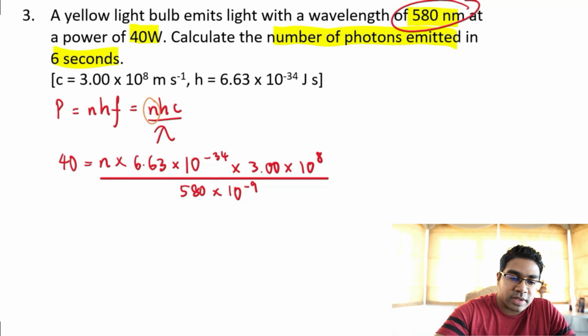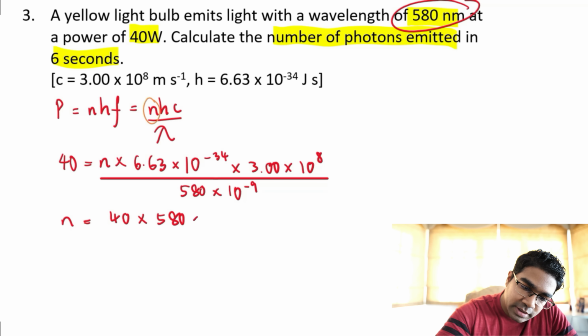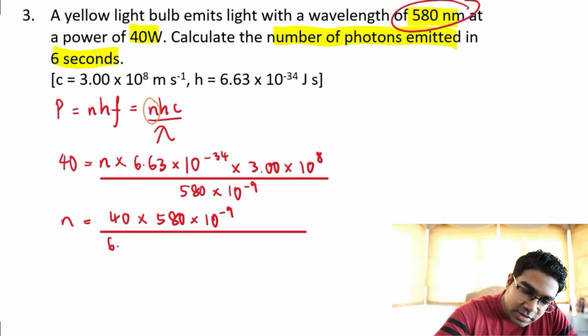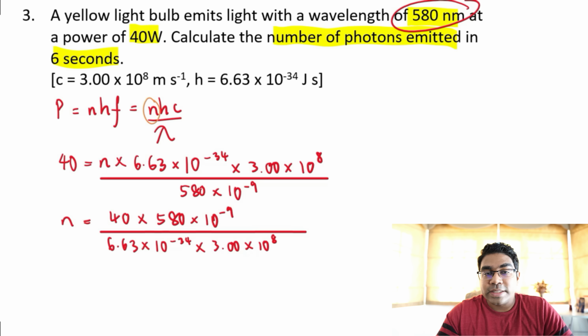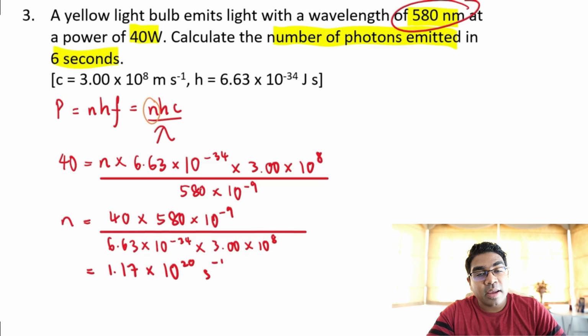Okay, so now we can rearrange to find N. N equals 40 multiplied by 580 times 10 to the power of negative 9, divided by 6.63 times 10 to the power of negative 34 times 3.00 times 10 to the power of 8. So N is 1.17 times 10 to the power of 20 photons per second.